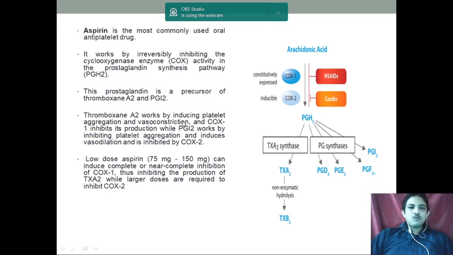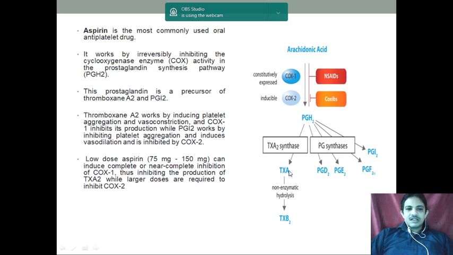Thromboxane A2 is responsible for platelet aggregation, while PGI2, prostacyclin, inhibits platelet aggregation and induces vasodilation, and is produced via COX2.